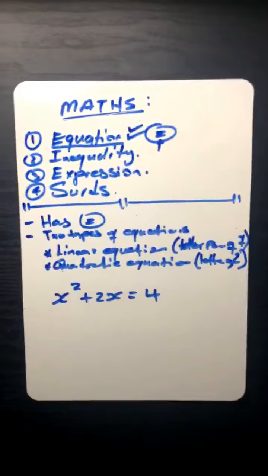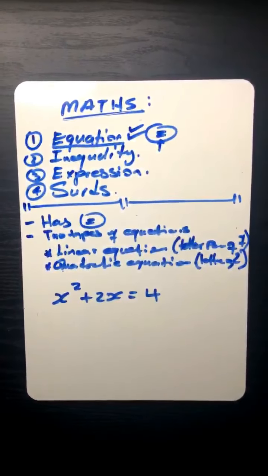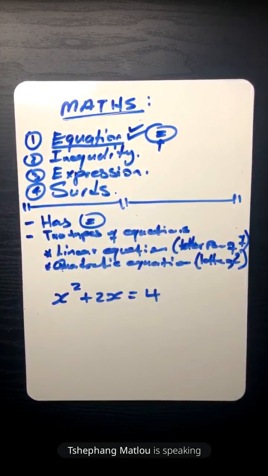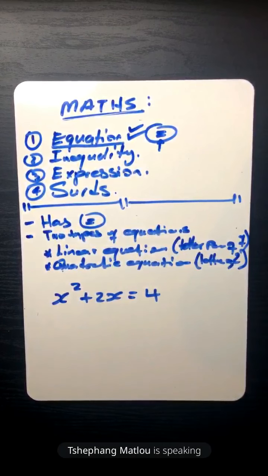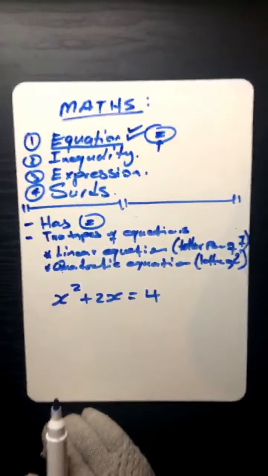The type of problem is equation, and the type of equation is quadratic equation because the letter has a power of 2.